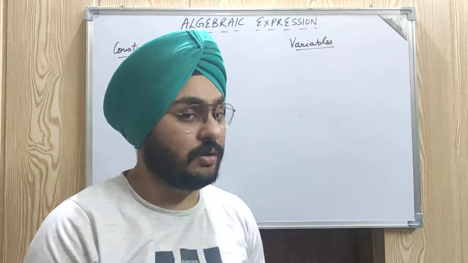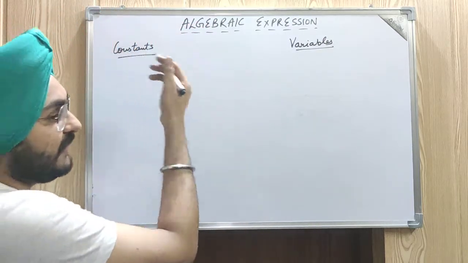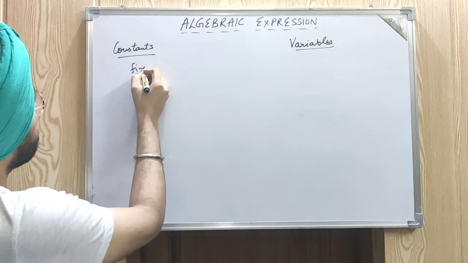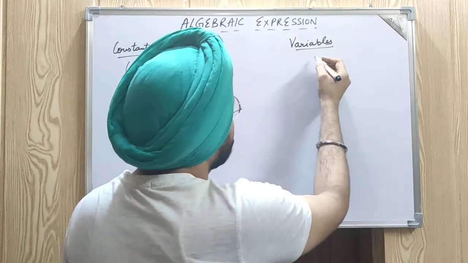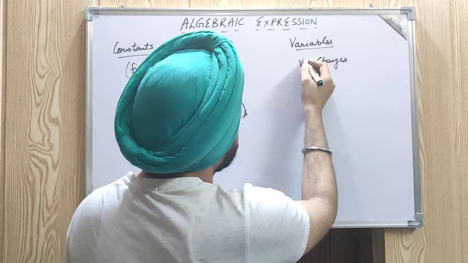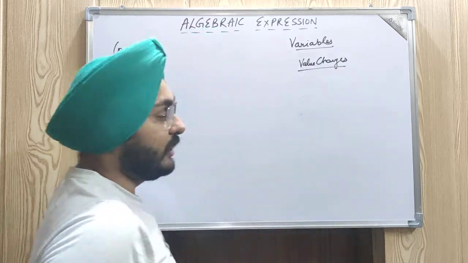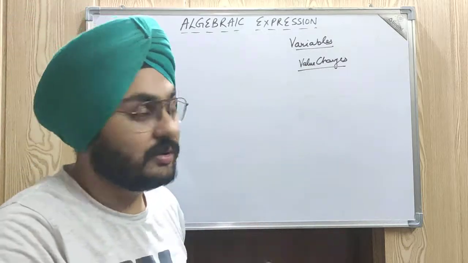Okay, what do you mean by constant? Constant is simply the number or the value which is fixed, and variable is whose value is not fixed or whose value changes. Okay, it's clear from the name only. Constant means fixed only.